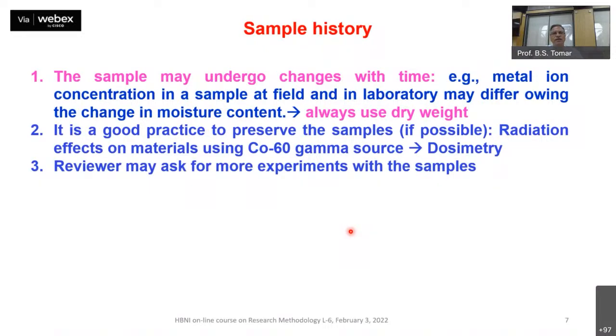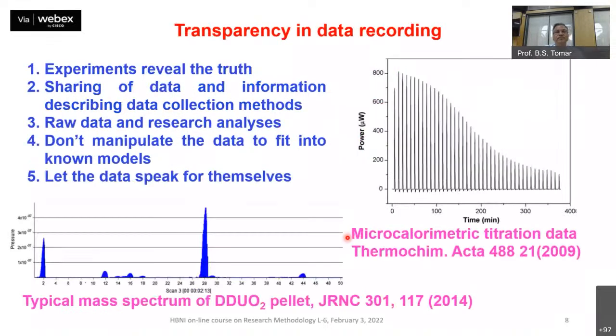Later on, when you send the paper for publication, the reviewer may ask for more experiments or to repeat the experiment. At that time, if you have preserved the sample till your paper is published, you can repeat the experiment, whatever you are doing.